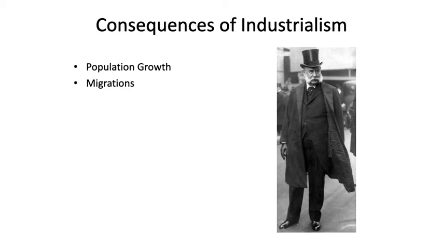As far as population goes, the book also lets you know about migrations of people, and certainly industrialism does not only move people in countries from the countryside to the city, but it is also moving people from portions of the world to other portions of the world, right?